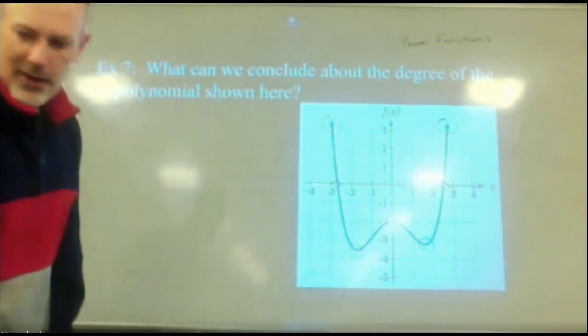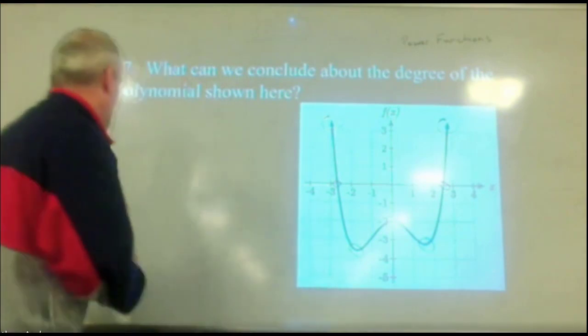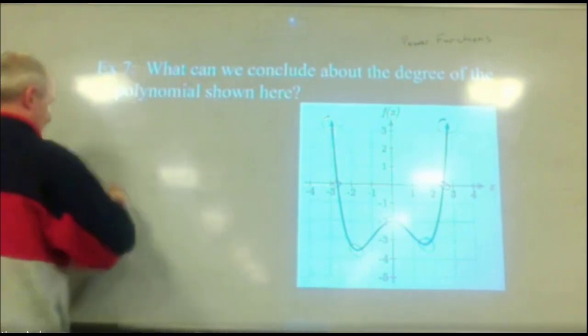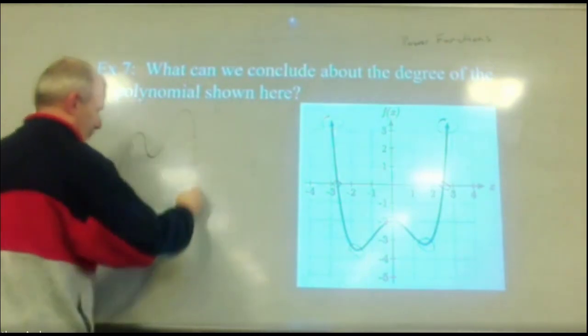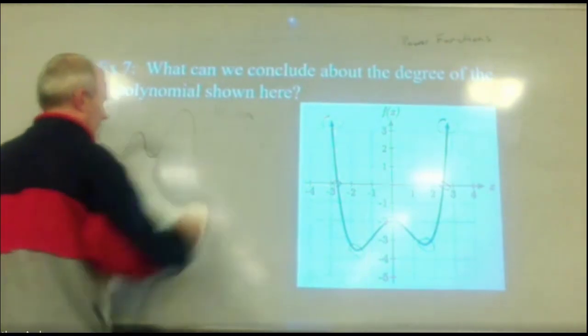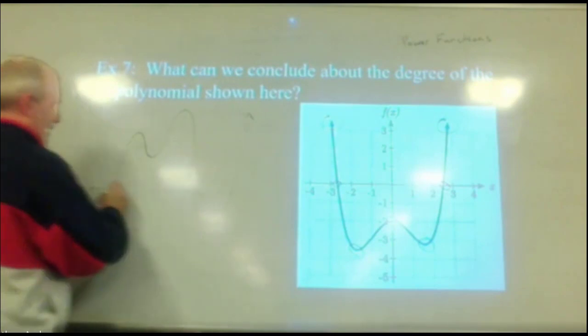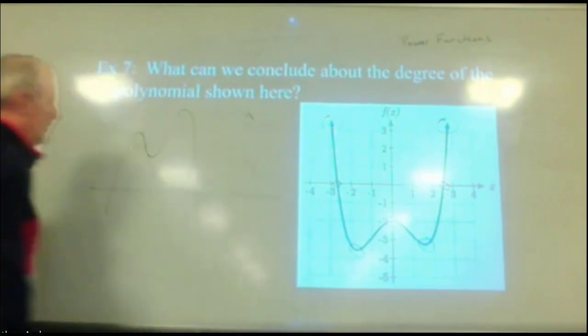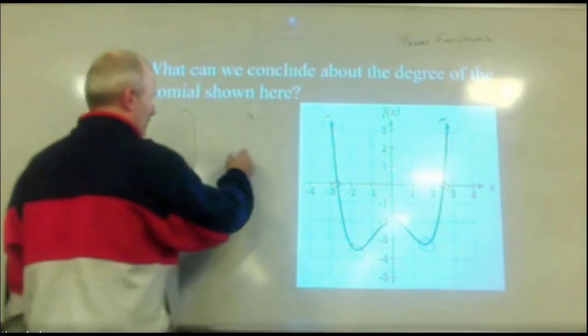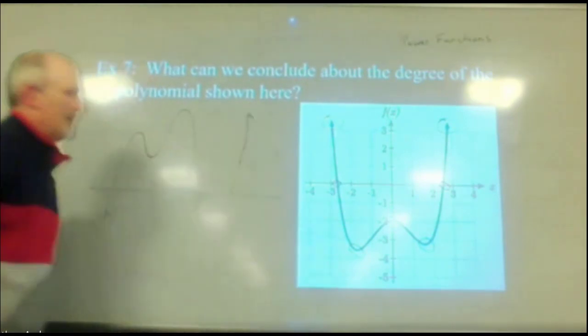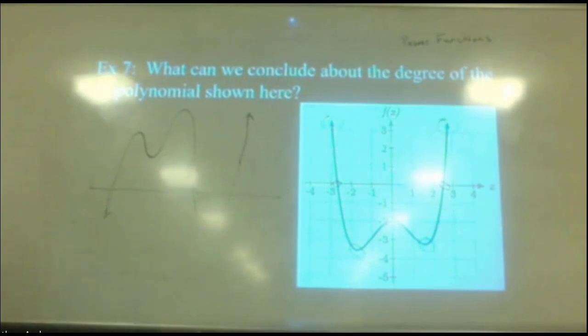If I make a graph that looks like this, and let's say that I've got intercepts right here. Okay, if you can kind of see that, this keeps going up. Okay, what do we know about the degree of this one?